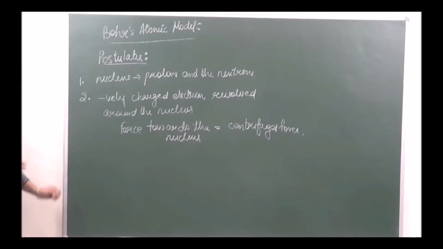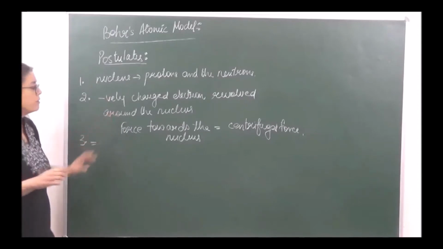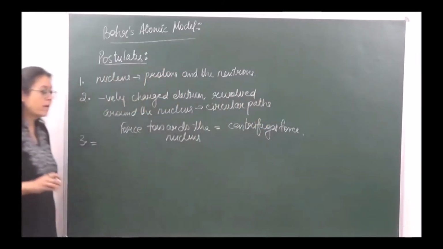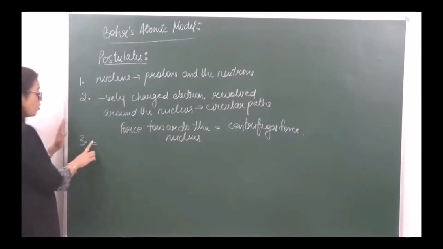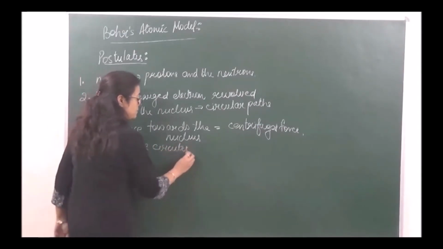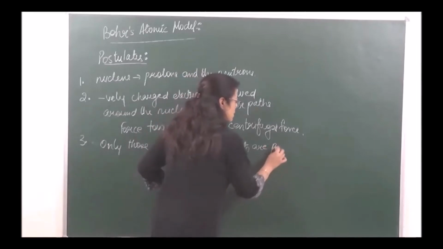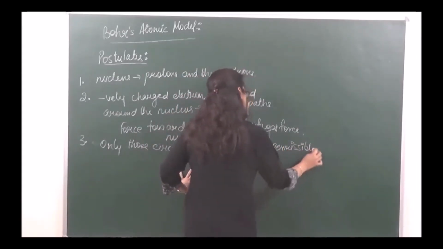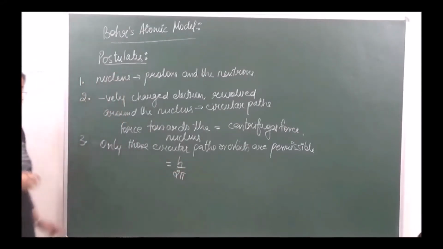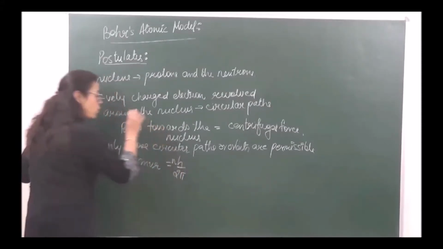Then the third postulate was that out of an infinite number of circular paths in which this negatively charged electron revolves around the nucleus, according to Bohr, only those circular paths or orbits are permissible which have an angular momentum that is an integral multiple of h upon 2 pi.